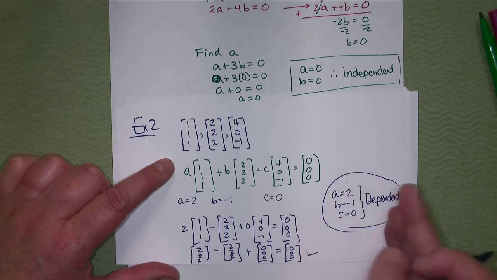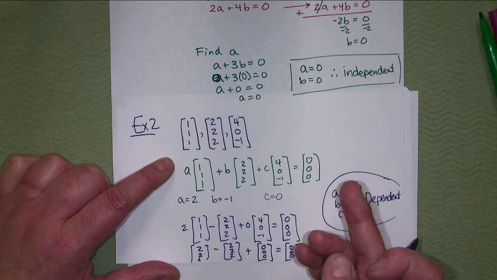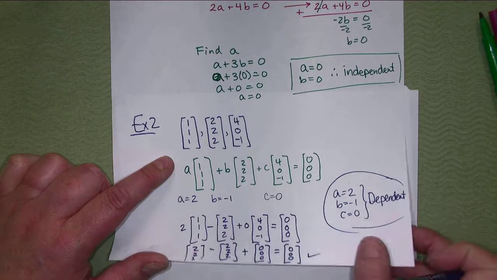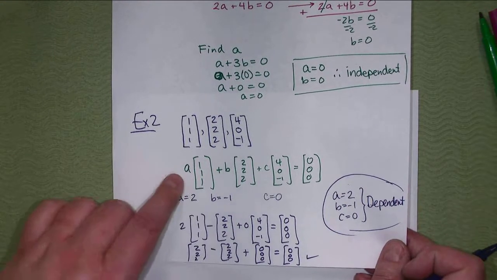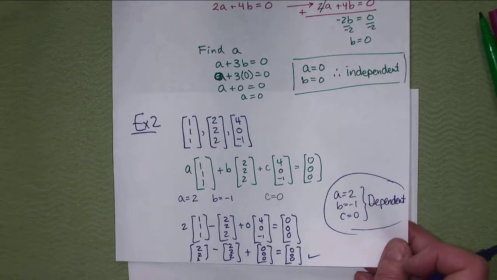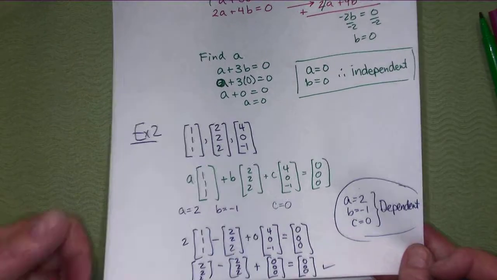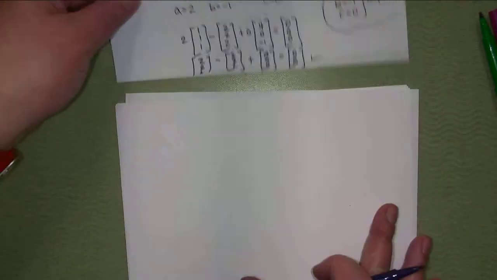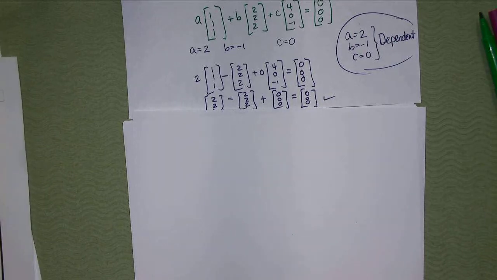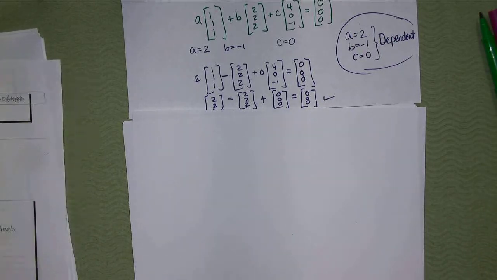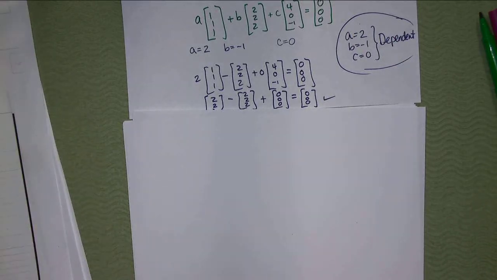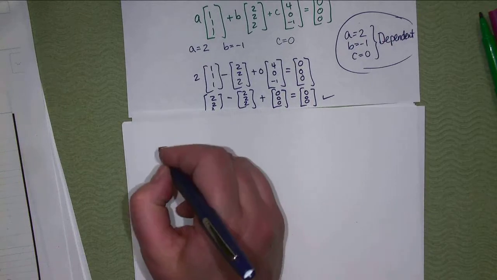If you had to list one solution, you could pick whichever one works, and there are infinitely many different ones. You could set up the system and solve it, and we will do that in a minute, in case you didn't notice that there are parallel vectors. Okay, so example 3.